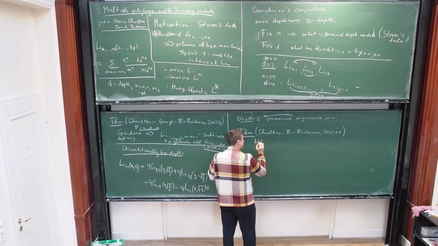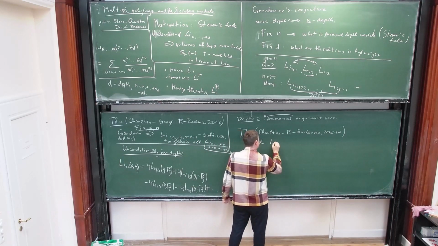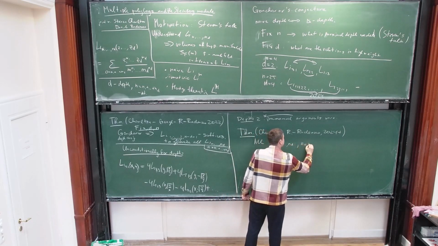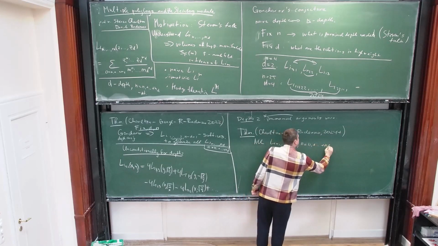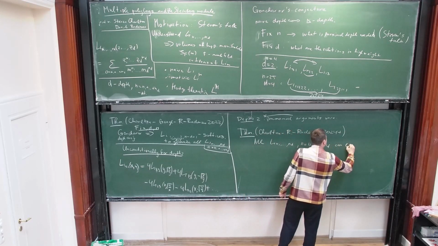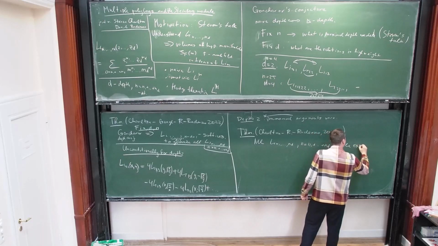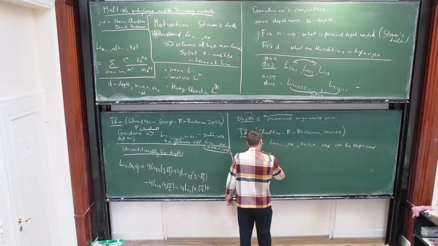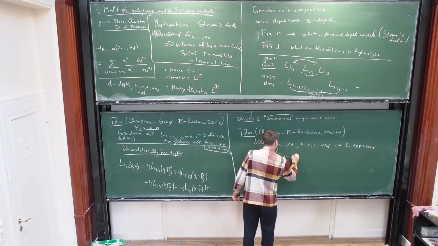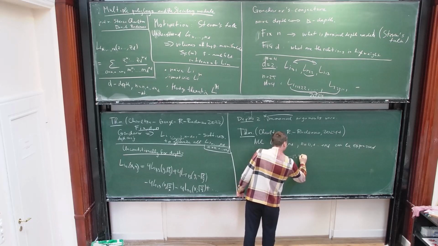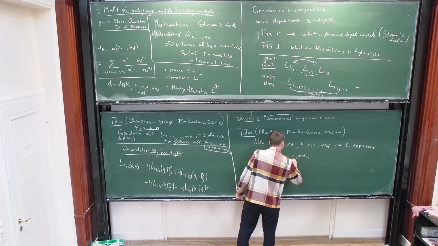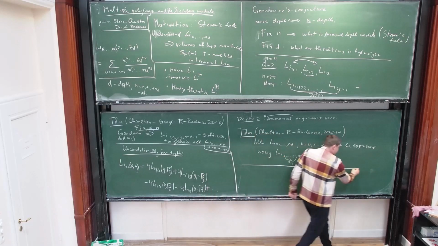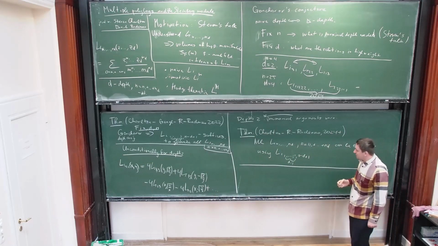I'll formulate it as a positive result. All E_{n-1,1} and D_n, with n the weight, can be expressed using D_{1,1} and minus D. This is the main thing I want to talk about in principle.